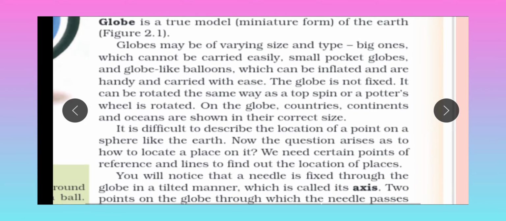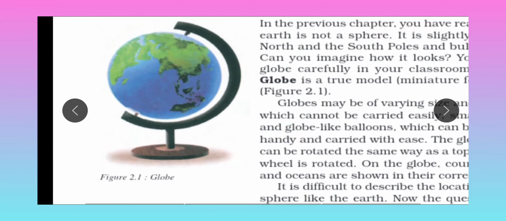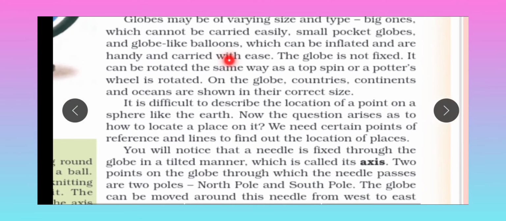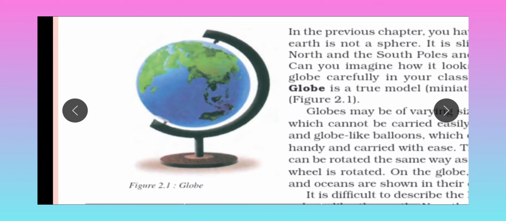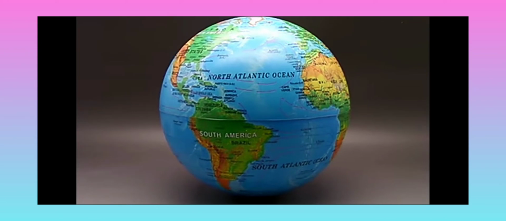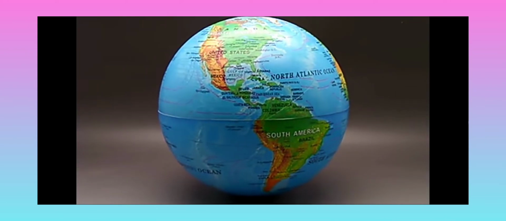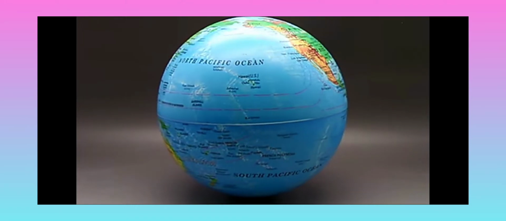On the globe, countries, continents and oceans are shown in their correct size. Here the picture of a globe has been given. Maybe you have seen it at your school. I hope you can see the rotation of my globe, or the spin of the globe. The globe moves in this manner.